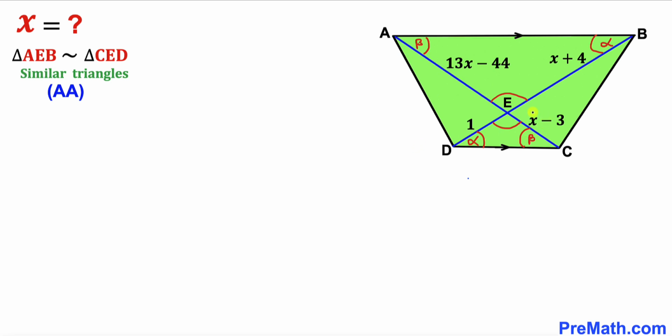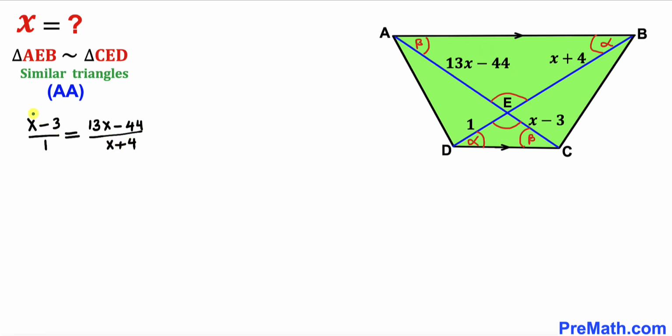Let's look at this ratio first: x minus 3 and 1. Let me write it down. x minus 3 divided by 1 equals the ratio of 13x minus 44 and x plus 4. Let me write down 13x minus 44 all over x plus 4.